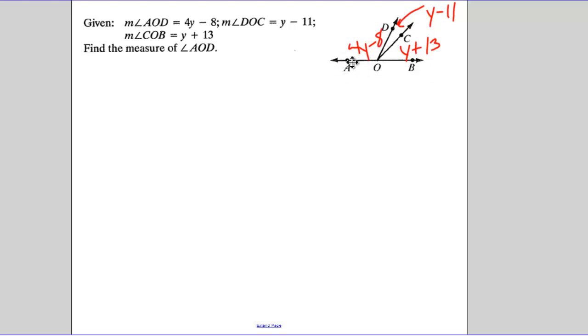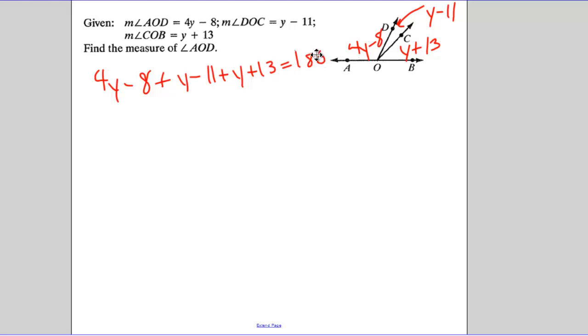Well, angle AOB is a straight angle. So I know that 4y minus 8 plus y minus 11 plus y plus 13 equals 180.